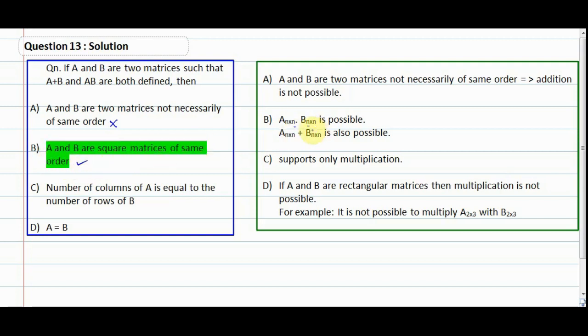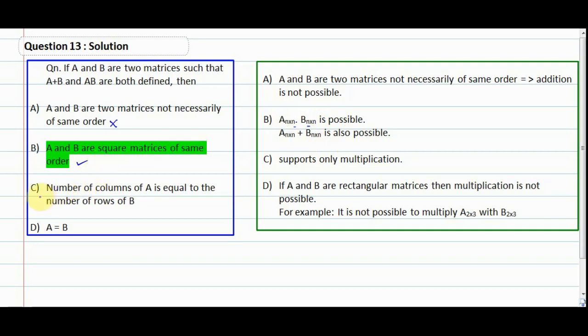Then the order of A and B will be n by n. Multiplication is possible because the number of columns of A is equal to the number of rows of B, both equal to n. Addition is also possible because they have the same order. So option B gives a correct statement.